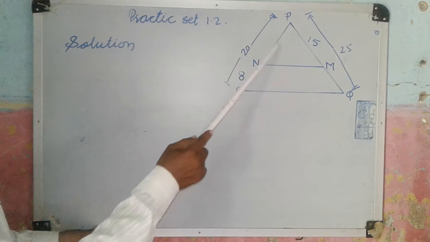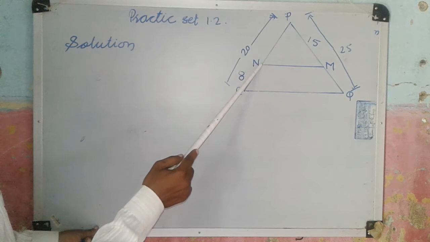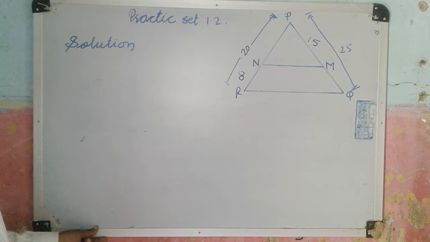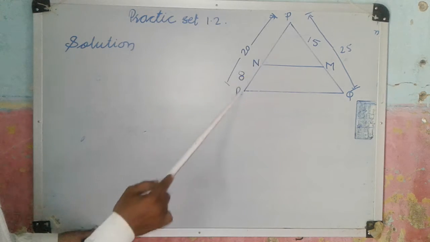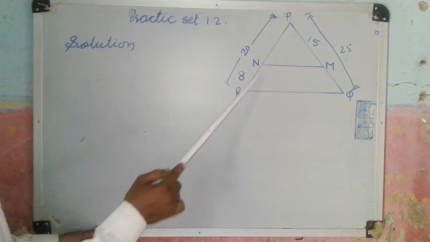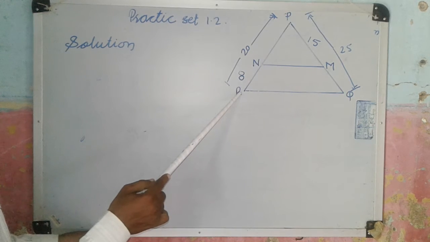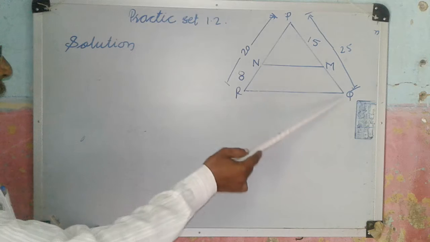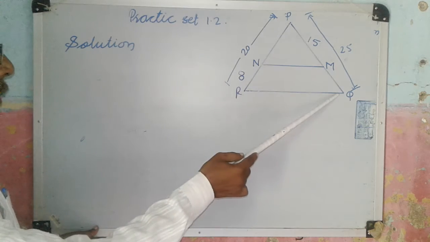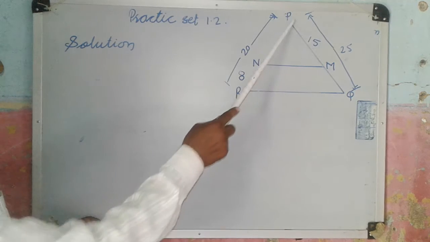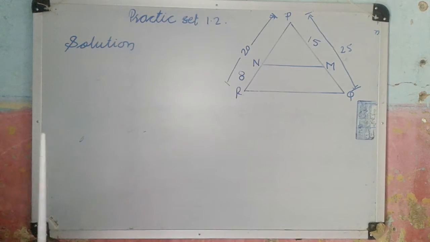First we have to find length of PN and length of MQ. So for that, this total length PR is given and NR is given. And here total length PQ is given and PN is given. So first we will find PN.